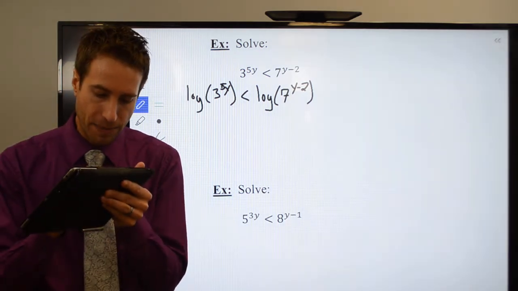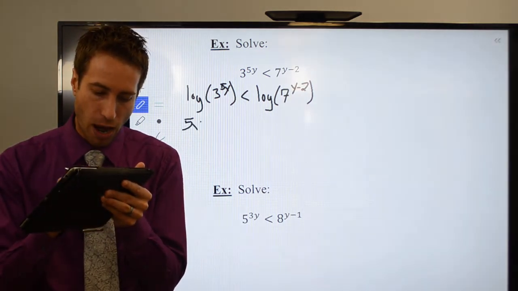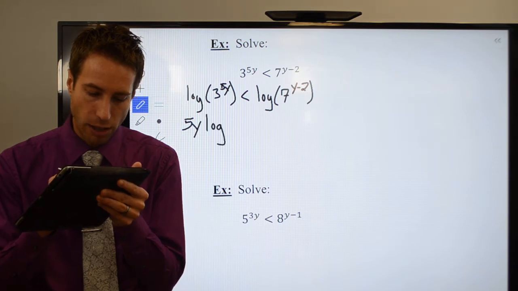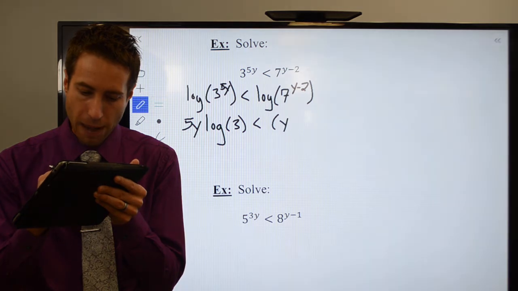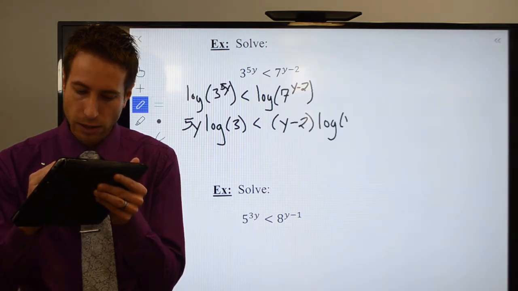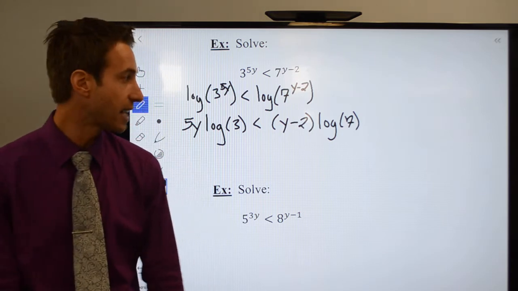So I'll now have 5y times the log of 3 is less than y minus 2 times the common log of 7.